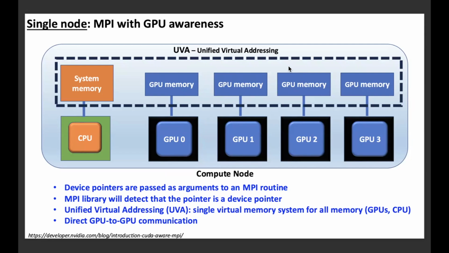What it means to have a single virtual address space for all the GPUs is that GPU 0, for instance, and GPU 1 can really talk directly to each other without going back to the CPU.